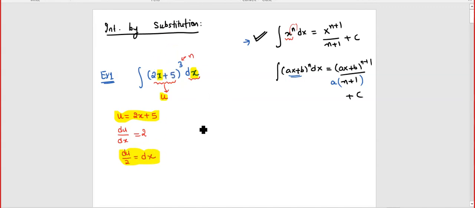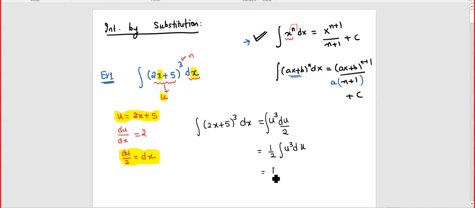So let's consider the integral of 2x plus 5 to the power 3 dx. What will it become? In place of 2x plus 5 we have u to the power 3, and in place of dx we have du over 2, with the integration sign. So it gives you half the integral of u power 3 du. Now you can use the same rule, but for this function, the difference is that in place of x you have the variable u.